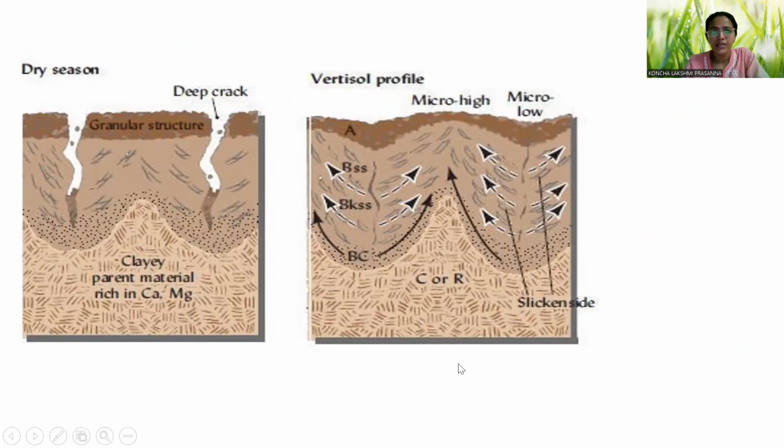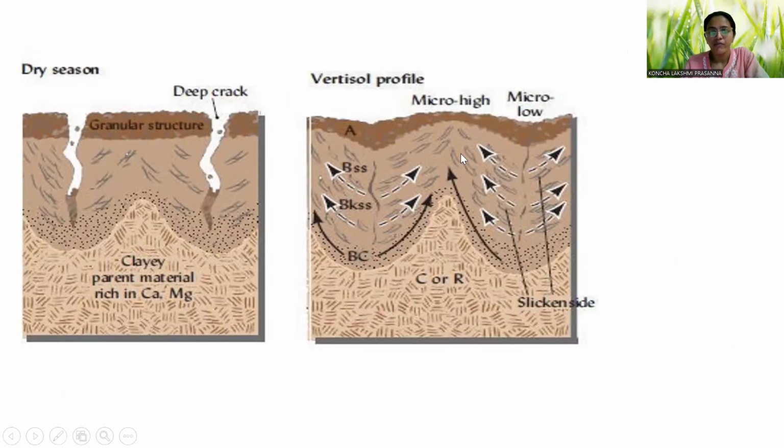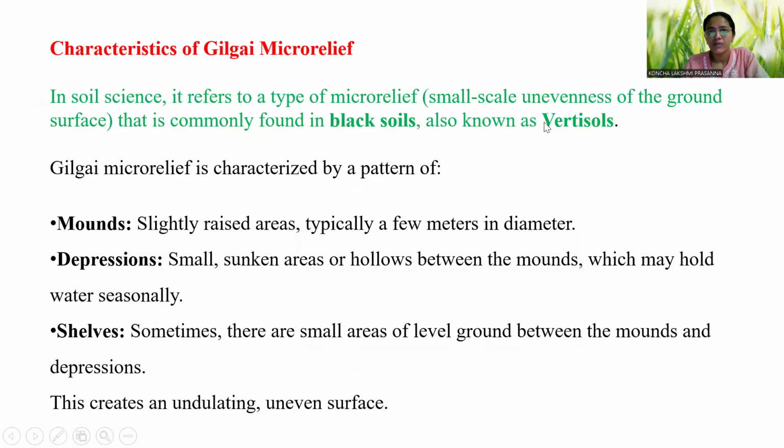This is the uneven surface, that is, the presence of mounds and depressions. Formation of the mounds and depressions takes place, that is, the unevenness of the ground surface occurs, which is mostly seen in the vertisol soil order.